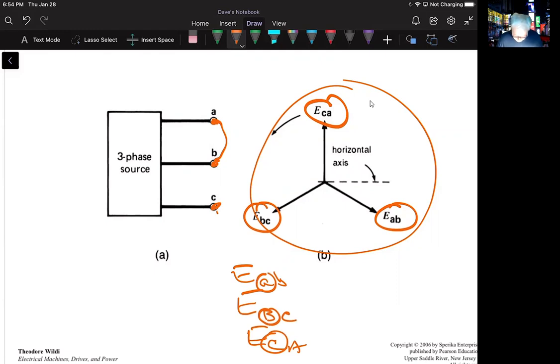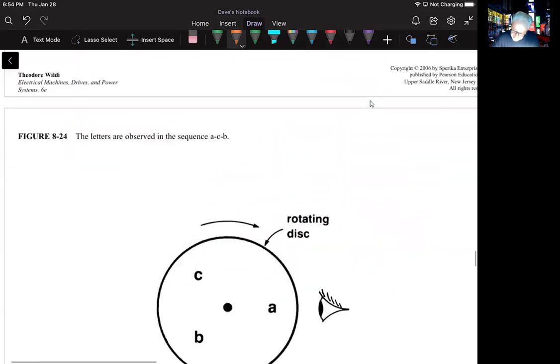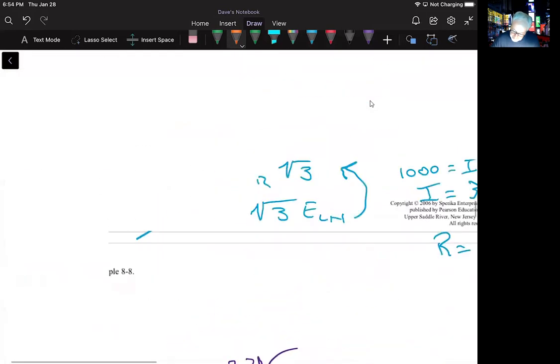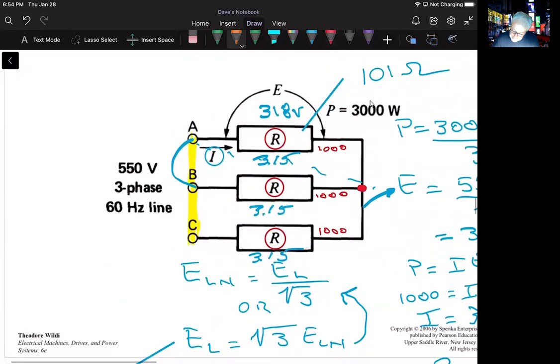Let's see, he's got a little example, figure 8.17. Let me see if I can find that for us right quick, and we'll wrap this up. In 8.17, the phase sequence of the source is known to be ACB. Draw the phasor diagram for that.